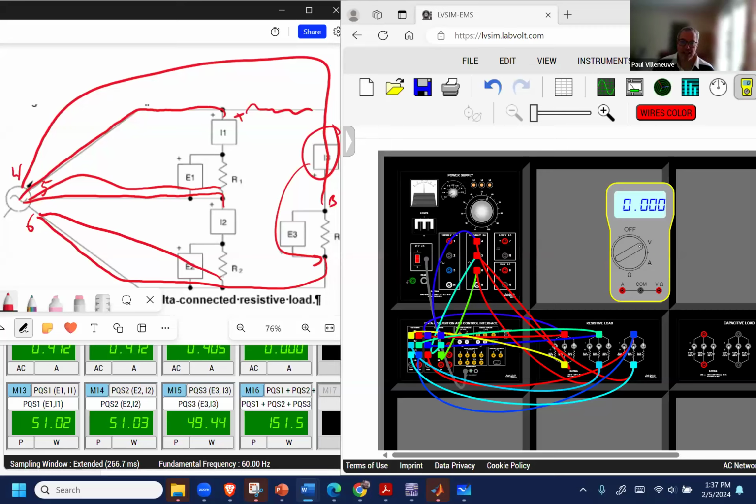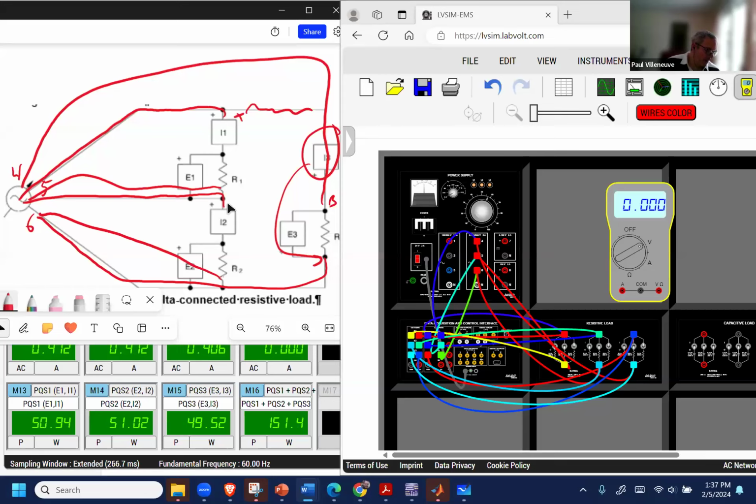So you get exactly the same current, whether it's Y or delta. So in this case, what we're seeing is what's happening with our circuit elements and what are our phase voltages and phase currents in a Y or a delta, are they the same thing?